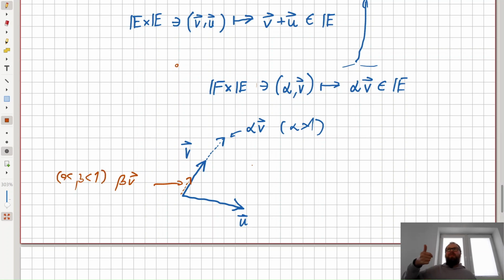Multiplying by a negative number, you just flip it. So that would be v, say, minus gamma v. Okay, that would be the scalar multiplication for our vector space.